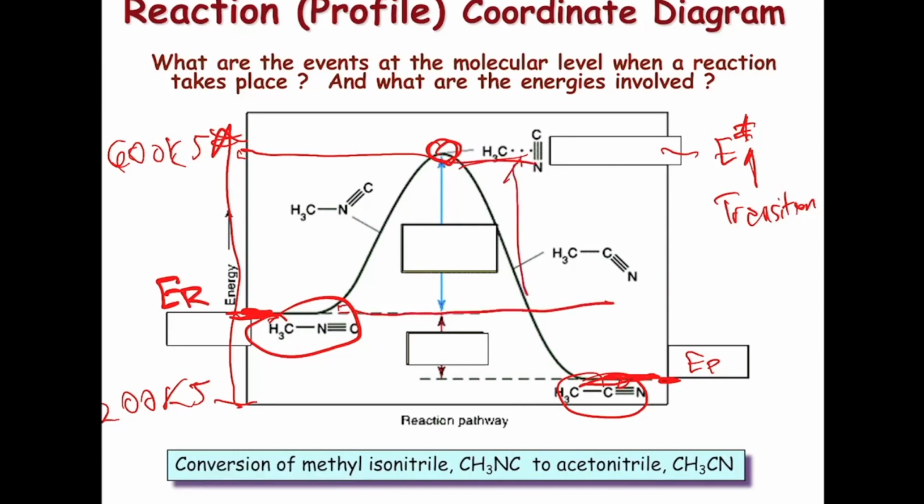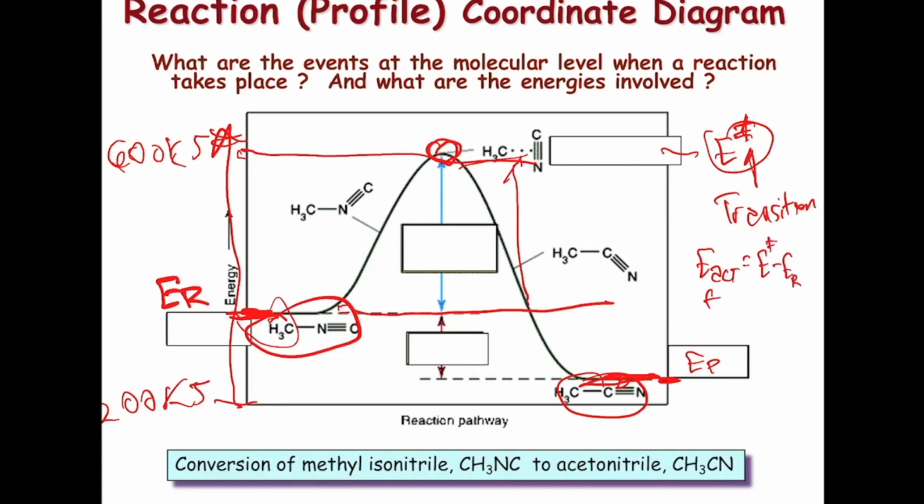Now, this right here is the activation energy. That's a process. What is the activation energy in the forward direction? Well, the activation energy in the forward direction depends on two values: the energy of the transition state and the energy of the reactant. So the activation energy forward is equal to the energy of the transition state minus the energy of the reactant.